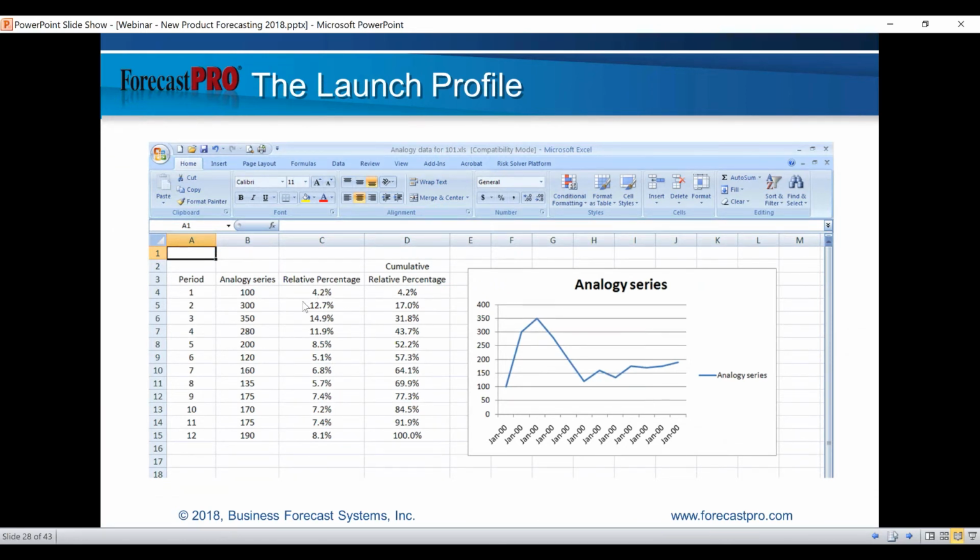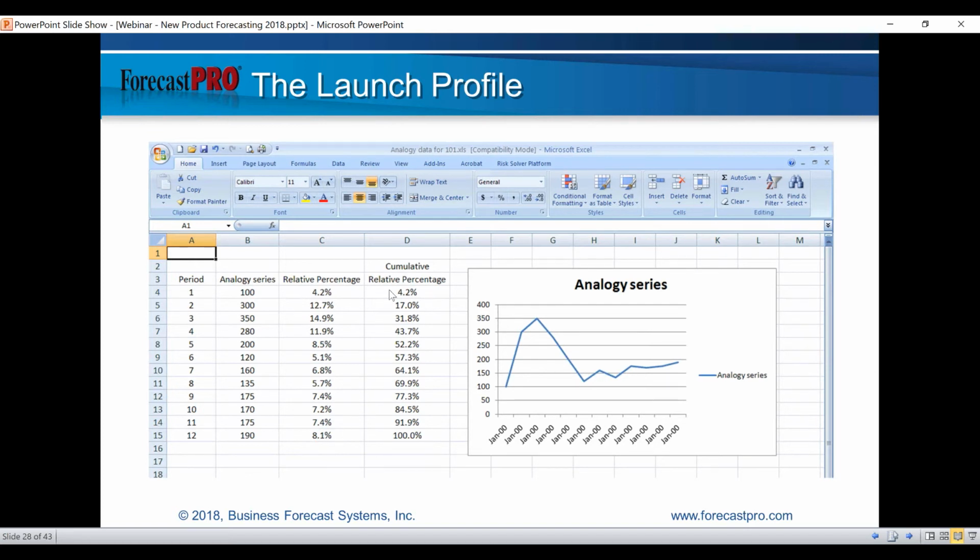Again, the reason is that we are focused on the pattern that we see in that first year of sales, and not necessarily the total level of sales for this analogous product. In the first month, about 4% of the first-year sales came in. In the second month, a little under 13%, so 12.7%, and so on. This is the distribution of sales across the initial 12-month launch period.